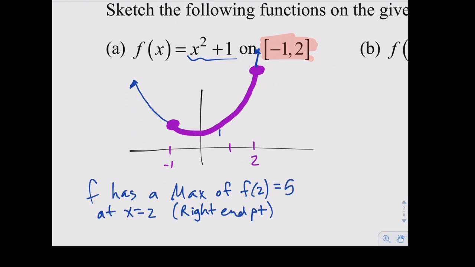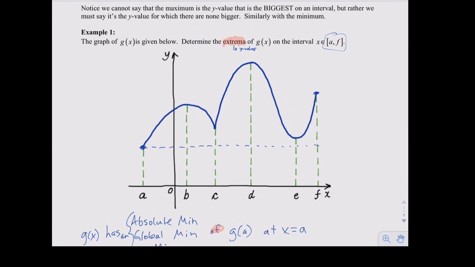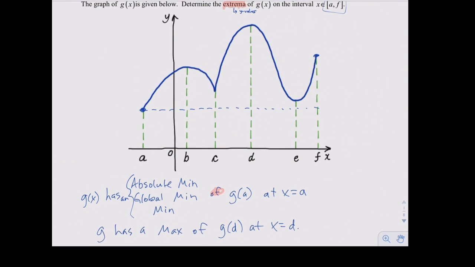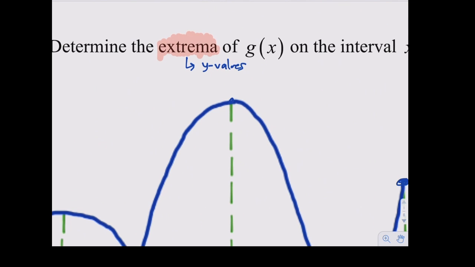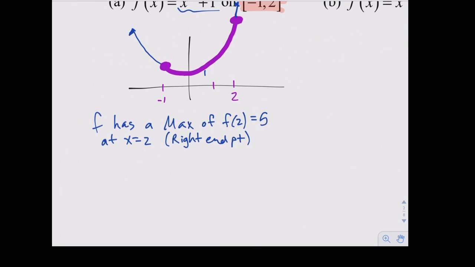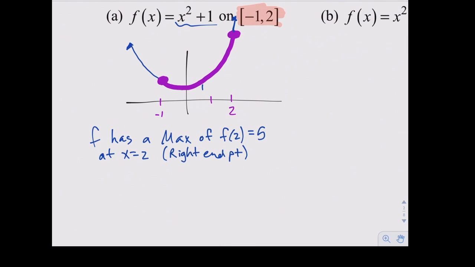It's good to know. If you recall up here, the local min occurred at the left endpoint, but the maximum occurred on the interior. That's interesting. Okay. Do we have a minimum value? Yes. F has a minimum of what? 1.